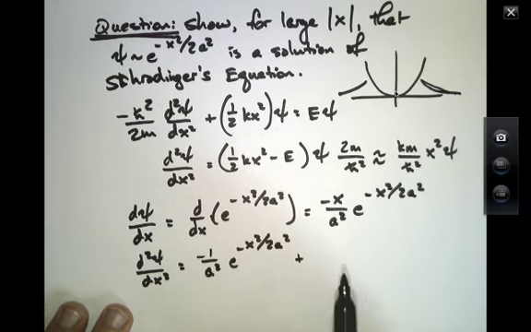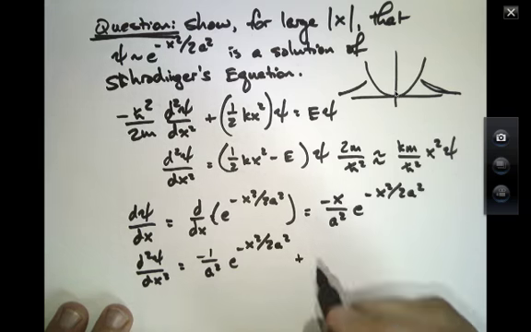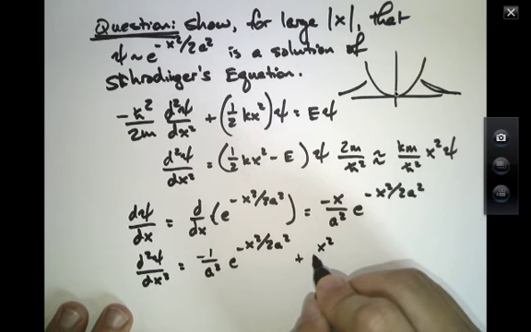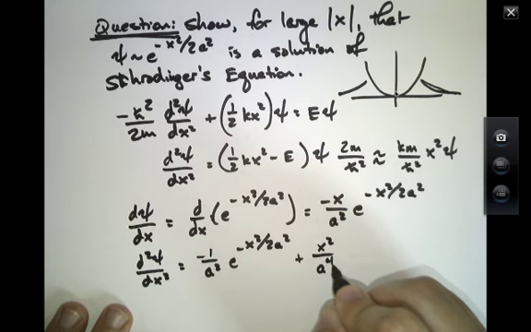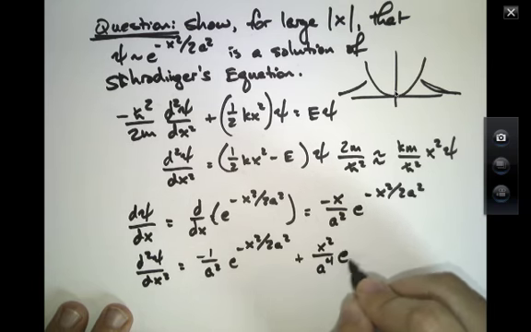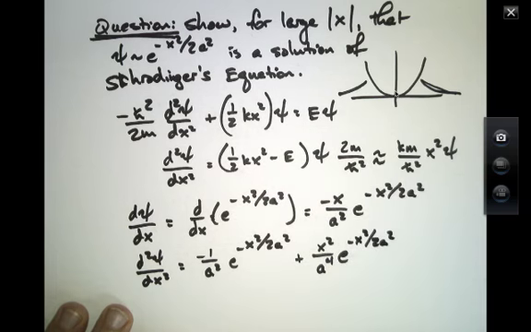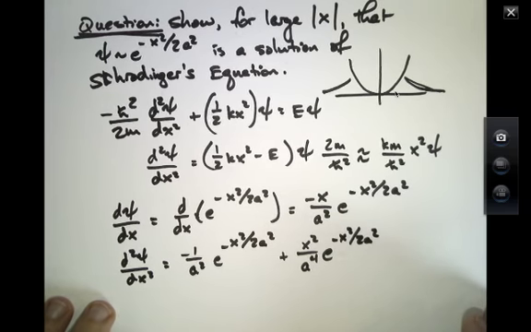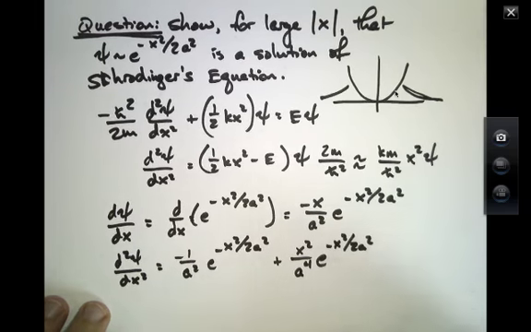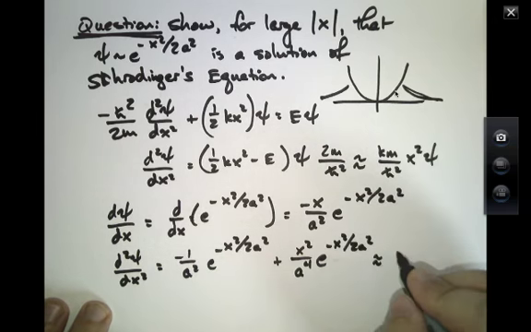And the second term will look a lot like this, times another factor of minus x over a squared. And I'm going to now invoke again that we're looking for a solution at very large x, so only the second term will really matter.